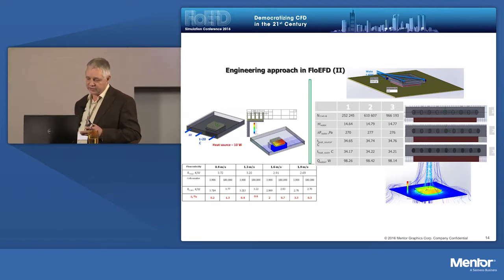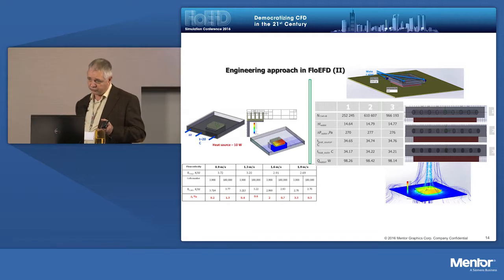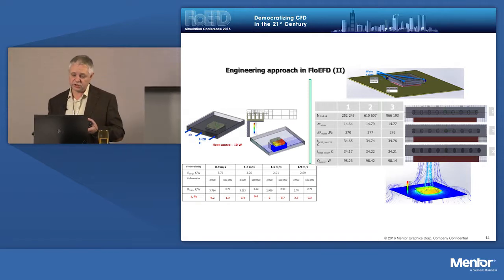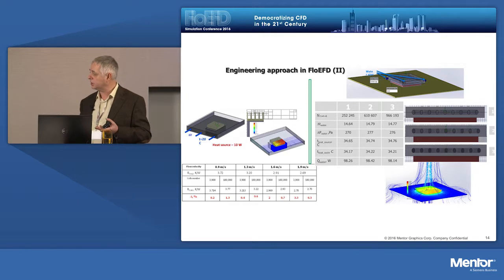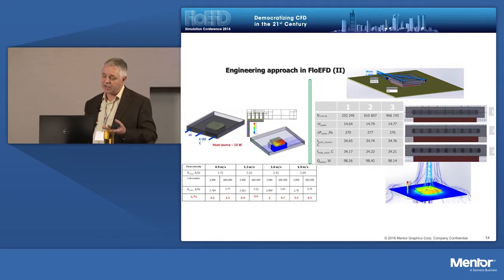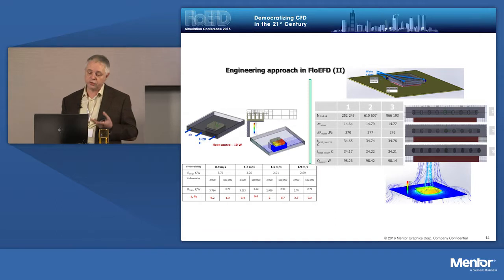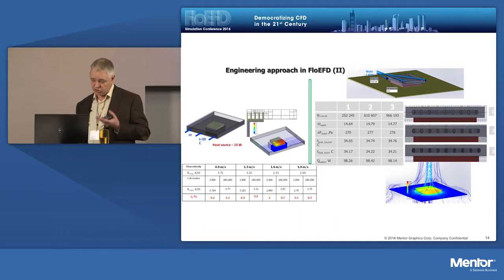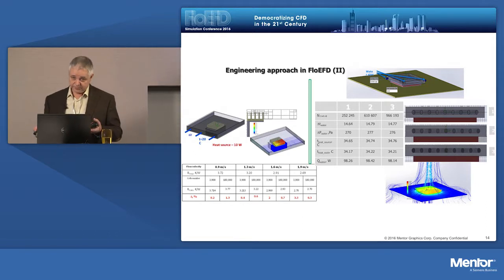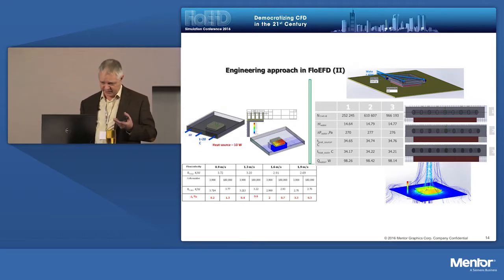In the second case, the grid is close to what is used in traditional CFD. It's 400,000 cells. Experimental data is present, and you see that the difference with experimental data is of the same order of magnitude. Sometimes the engineering method is better, sometimes full resolution is better, but again the difference is a few percent.